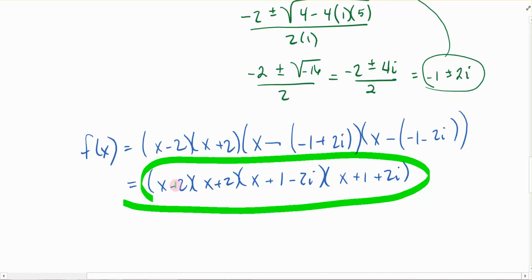You can see that we started out with a 4th degree polynomial, and I have at most 4 complex roots occurring here. So it's pretty much the same thing we've done previously with our rational zeros, but we just have to account for what happens when I have complex numbers.